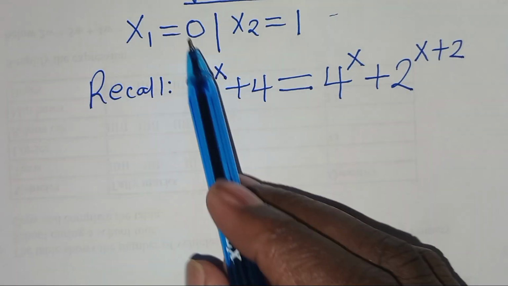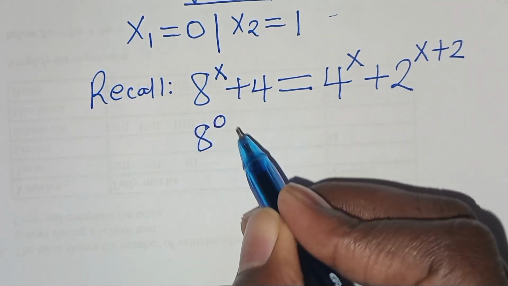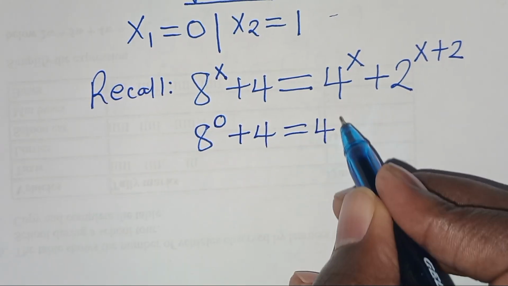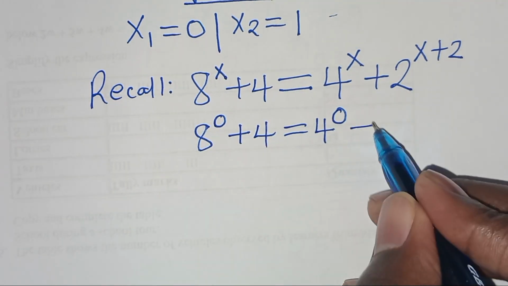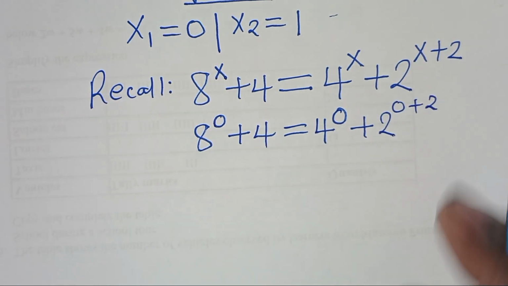So let's substitute the first value of x, which is 0. So here we have 8 to power 0 plus 4 equal to 4 to power 0, then plus 2 to power 0 plus 2.